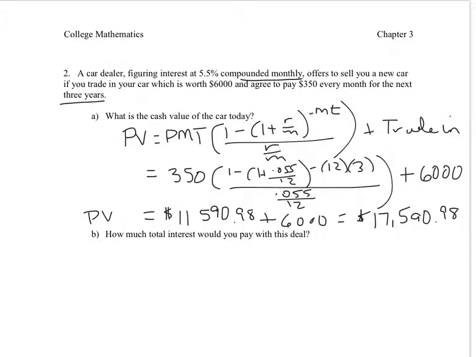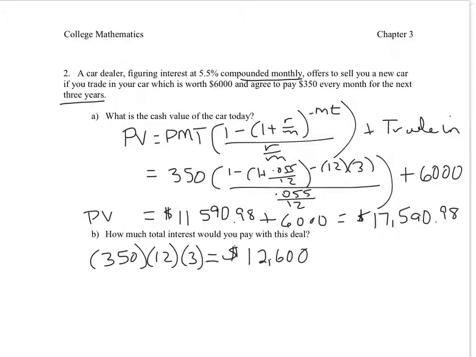But we can calculate the amount of interest that you would be paying with this deal if we do what? If we actually multiply out what those payment amounts would be over the 3-year period. So if you're paying $350 a month for 12 months for 3 years, that means you have paid in $12,600.